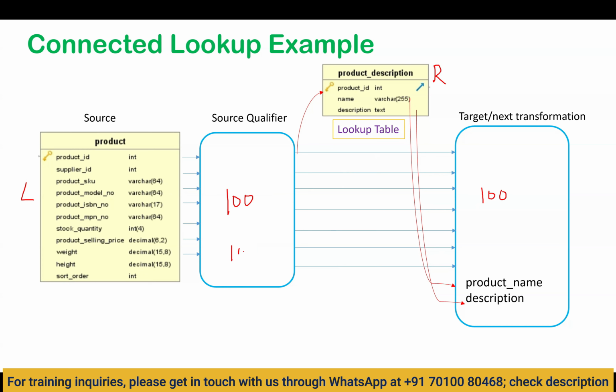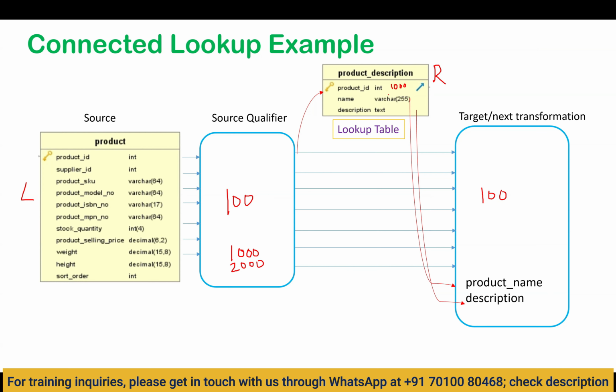For example, some product ID value like 1000 is coming. 1000 will match, and the product name and description will populate here. Then one more record is coming, 2000, from the source, but 2000 is not there in the lookup table.